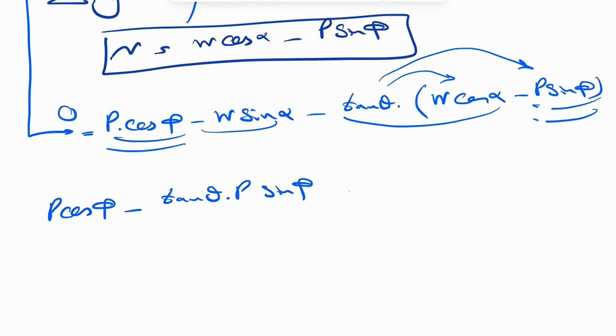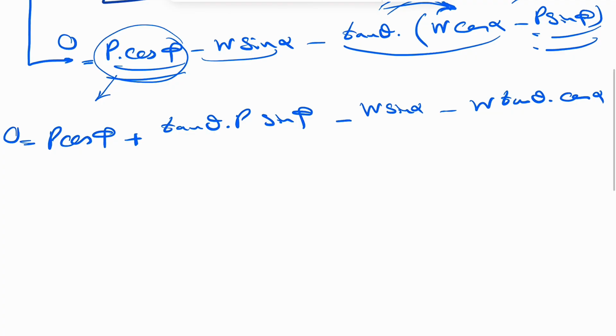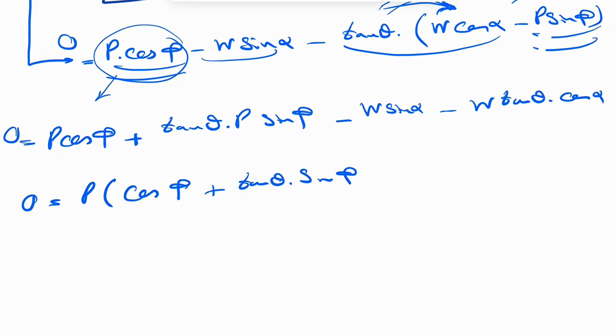In the second part, we have negative W sine of alpha, and negative W tangent of theta cosine of alpha. This equals 0, and from the first part we can factor P: P times cosine of phi plus tangent of theta sine of phi, and from the other part, W times sine of alpha plus tangent of theta cosine of alpha.